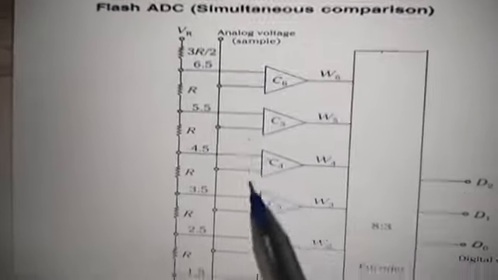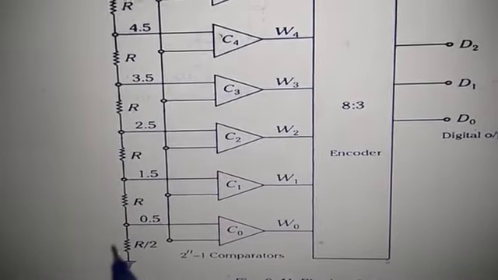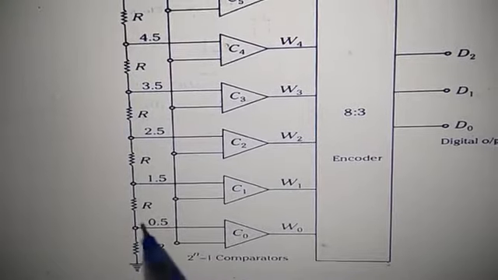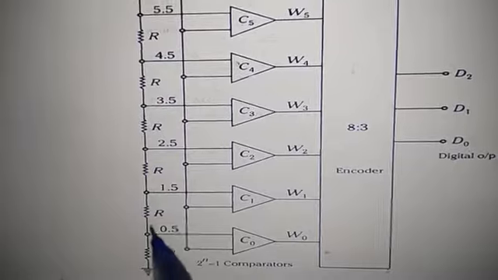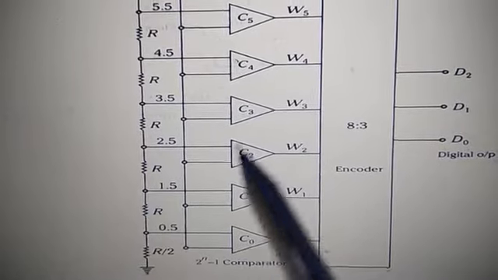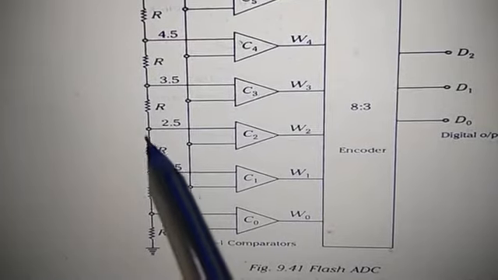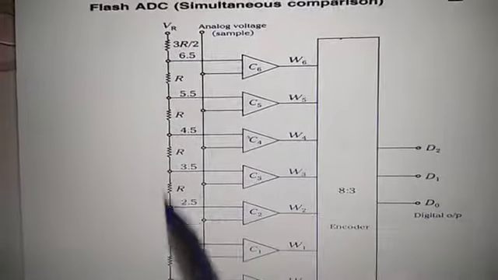And for each comparator, you can see here, this C0 comparator is connected through this R by 2 to this point. C1 comparator input is connected to this R by 2 R to this point. Similarly, C2 is connected to R by 2 R and R to this point. So this type of voltage divider arrangement is there.